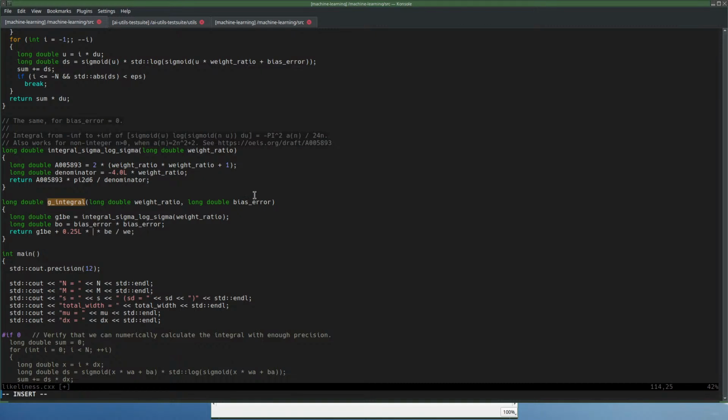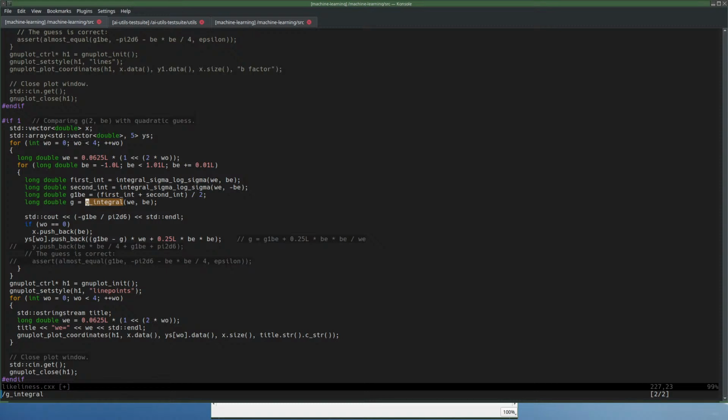BE is the bias ratio, bias error, sorry. WE is the weight ratio. Now G is exact, so now I can just subtract it and then it should be 0.